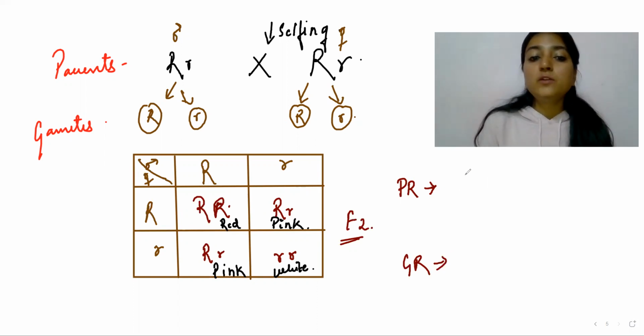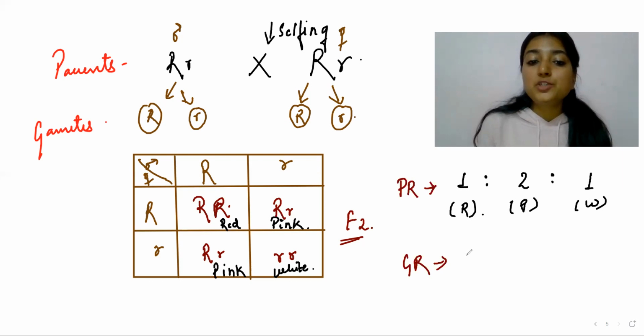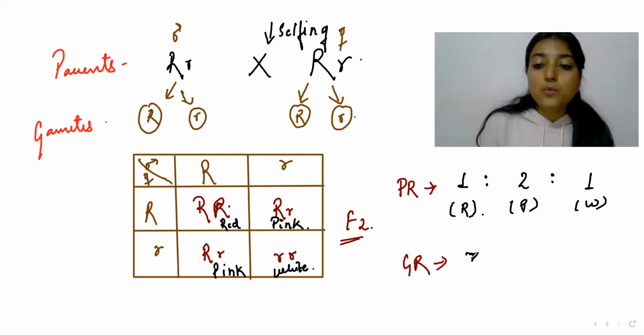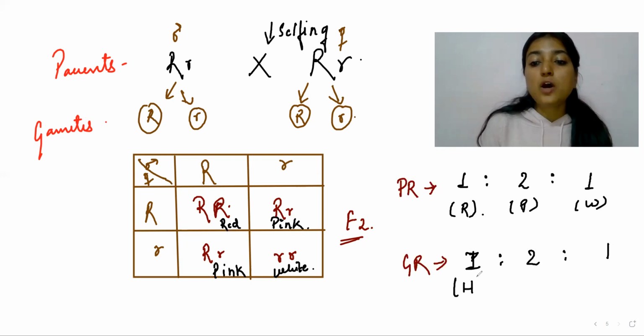So the phenotypic ratio here will be 1, which is red, 2, which is pink, again 1, which is white. Now the genotypic ratio here will be 1 is to 2 is to 1, where 1 is homozygous dominant, another one is heterozygous, pink, and the third one is homozygous recessive. So this is homozygous recessive.